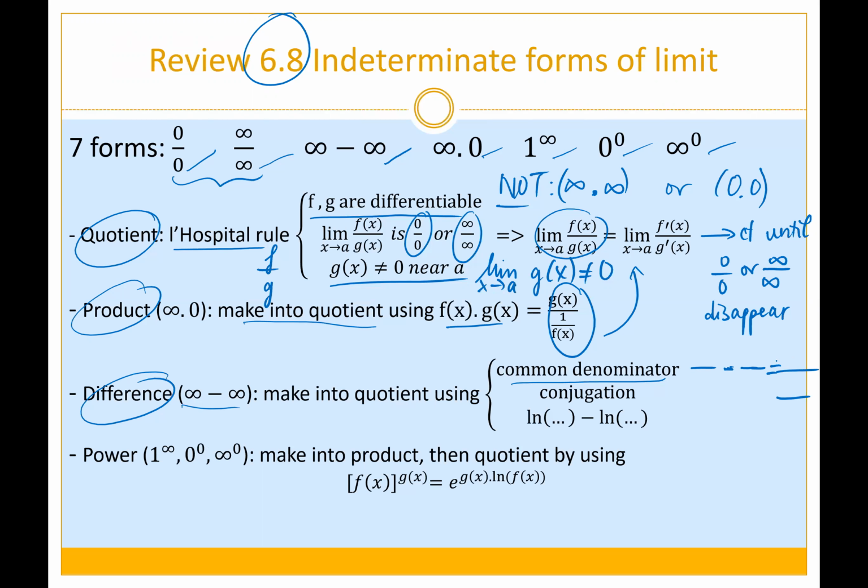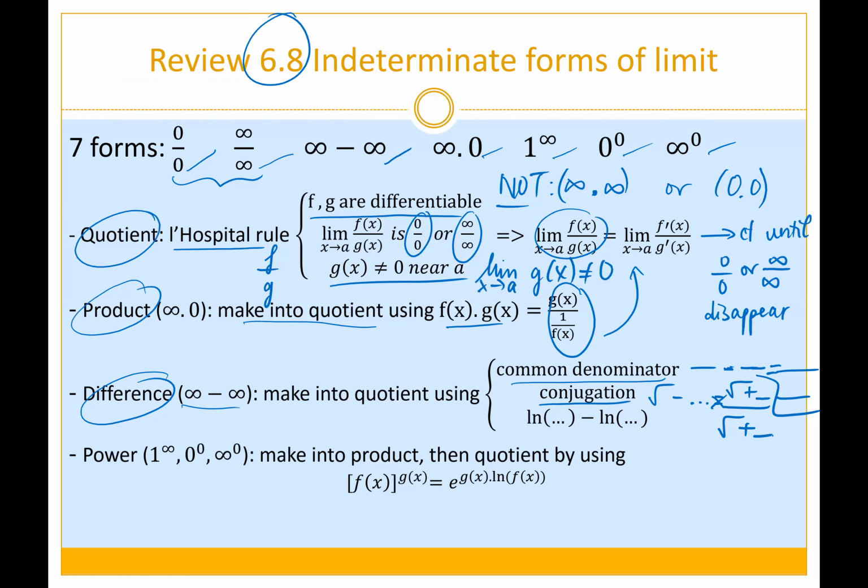Or you can multiply by the conjugate. Say you have the square root of something minus something. You can multiply by the square root of that plus that, over the square root of that plus that. Essentially you're multiplying by 1, but instead of 1 you write in the formula that will help you in the problem.